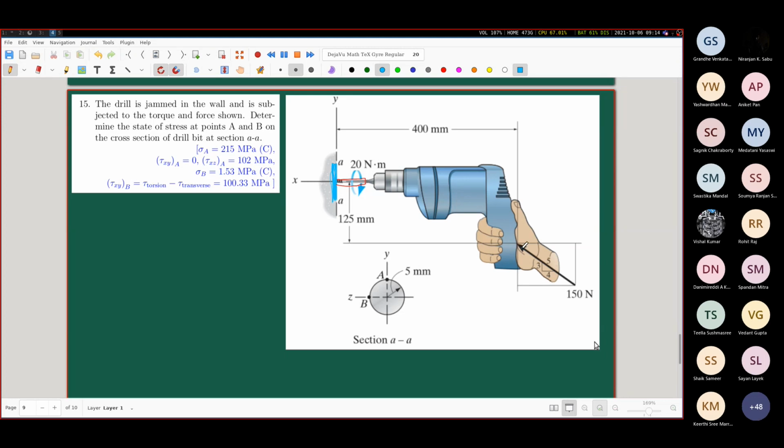The vertical component. The vertical component, and the horizontal component will not induce any moment there. No, sir. The vertical component induces a moment for A, and the horizontal component is responsible for the sigma xx in B.